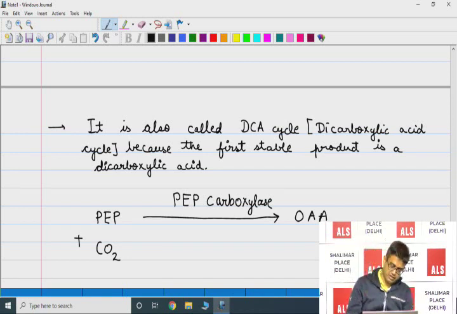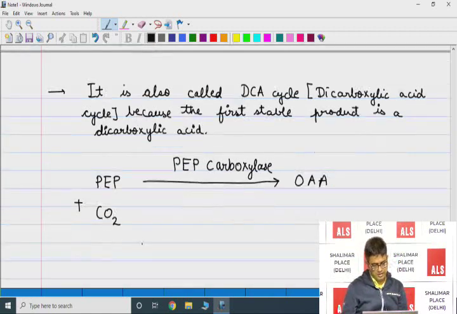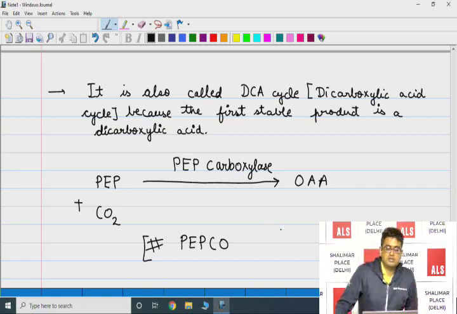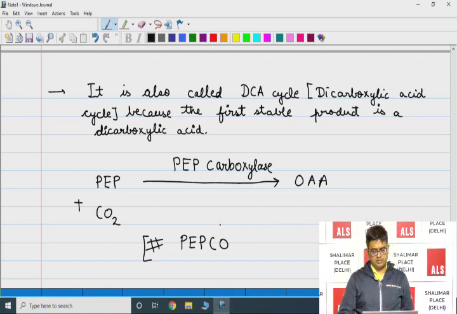PEPCO, yeah, exactly right. So please write it here because it has been asked in your examination. It's a very important thing. Actually, PEPCO has 80 times more affinity than Rubisco. But no, you don't need to write the exact figure.